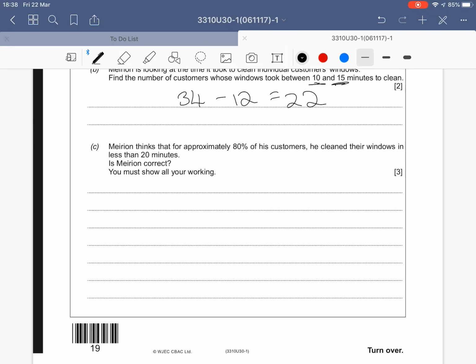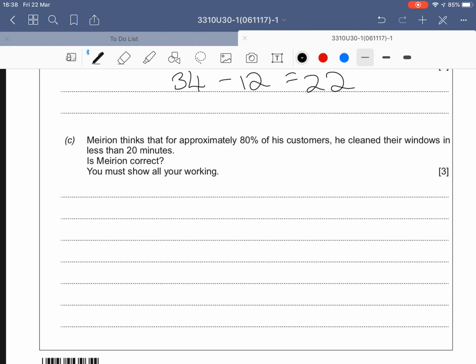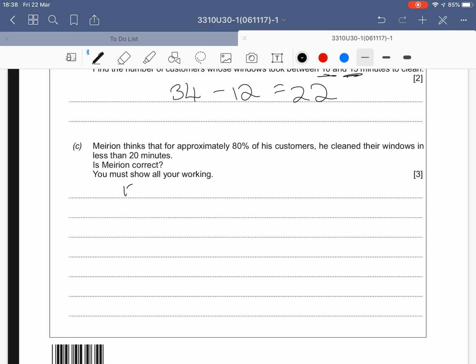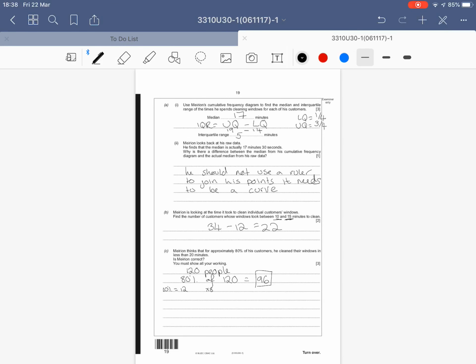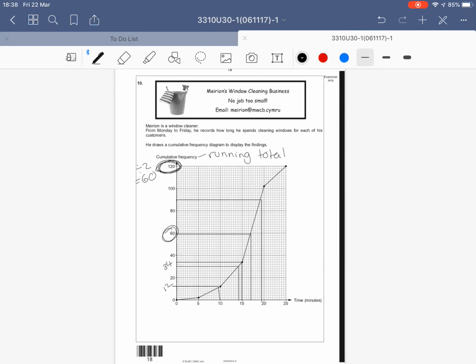Okay, so Marion thinks that for approximately 80% of his customers, he cleaned their windows in less than 20 minutes. Is he correct? You've got to show your workings out. If there were 120 people, he thinks he's done 80% of those in less than 20 minutes. So 80% of 120: well, 10% is 12, so times that by 8 to get 80%, which is 96. So we're looking for 96. Let's use his graph. How many in less than 20?